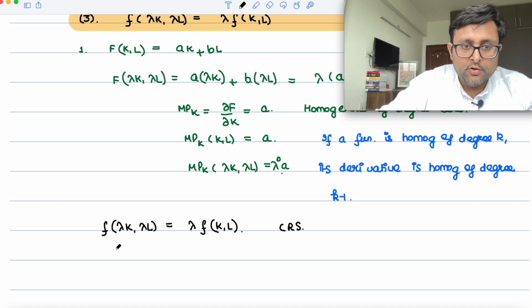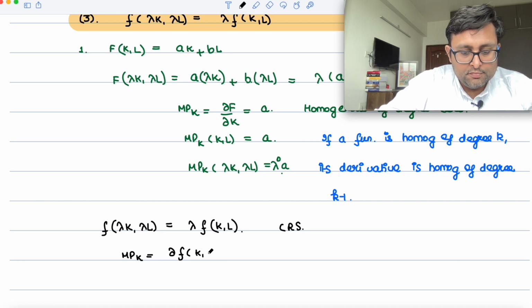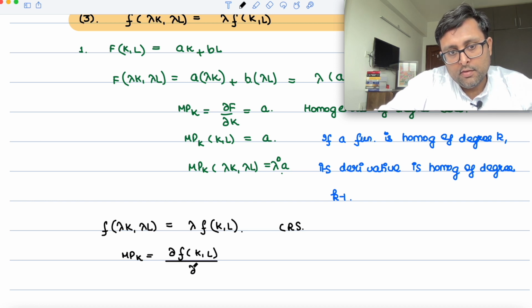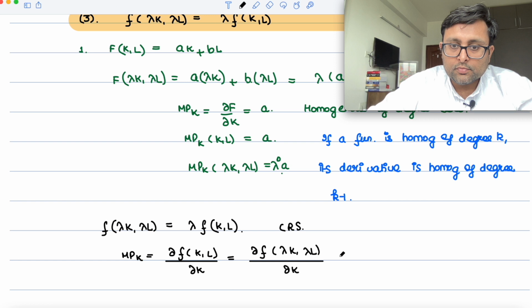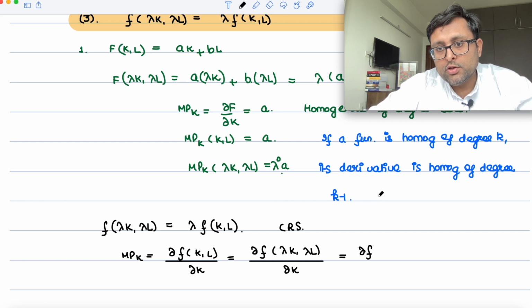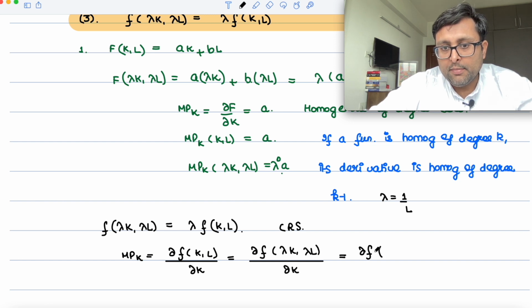Then you can write MPK as del f of KL by del K. Let's say lambda is equal to 1 by L. So I can write this as f of K by L, comma 1.